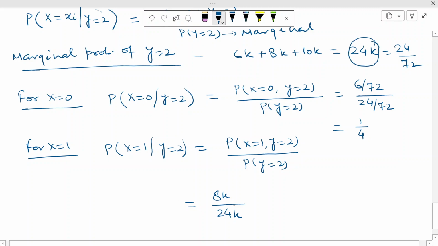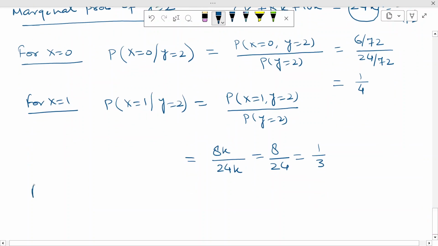Because an unknown is involved, you can cancel out the unknown; otherwise you can put the value and cancel out after that. So this is coming out as 8 over 24, which is 1 by 3.